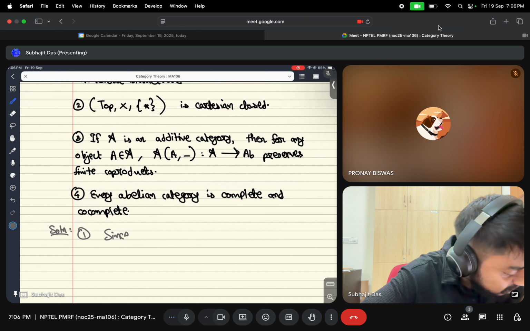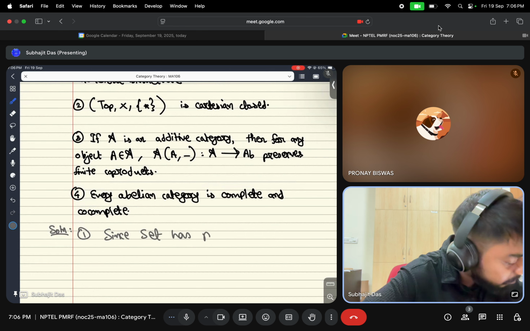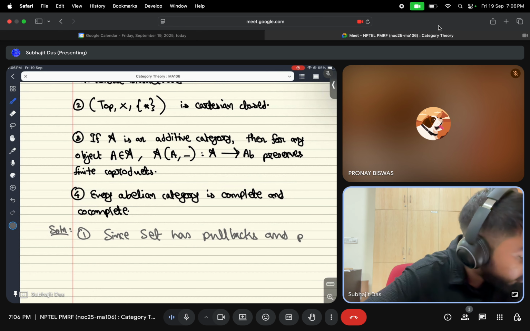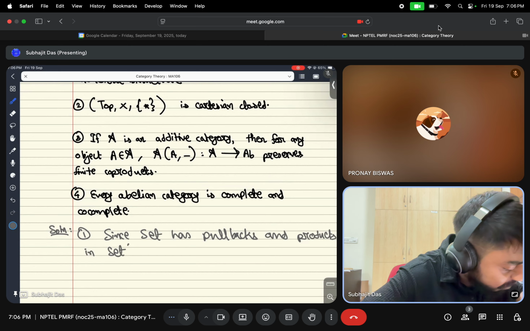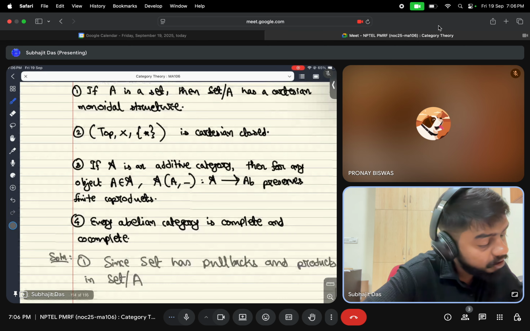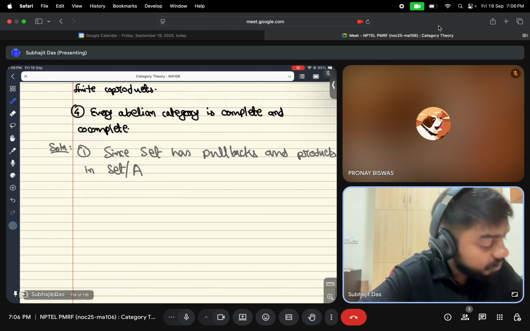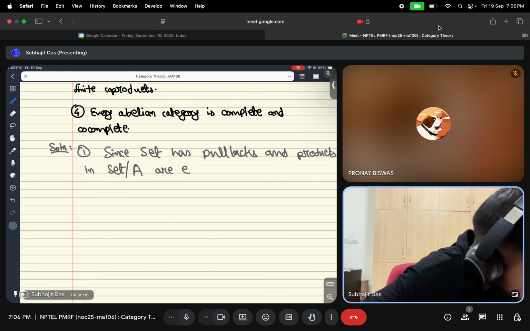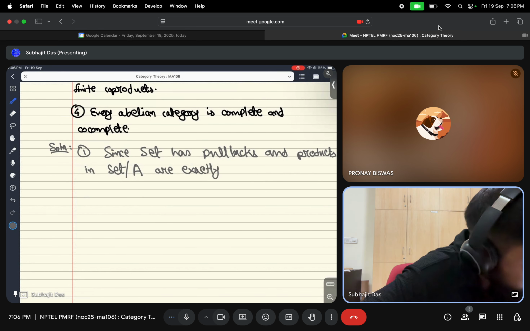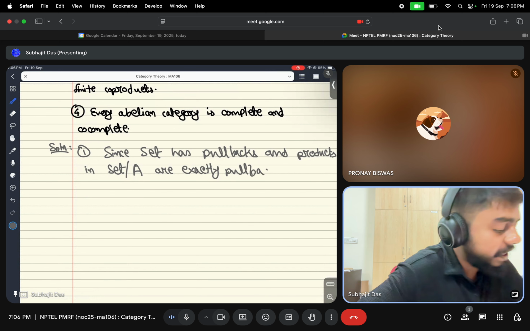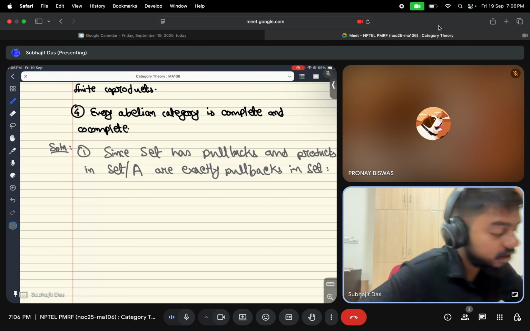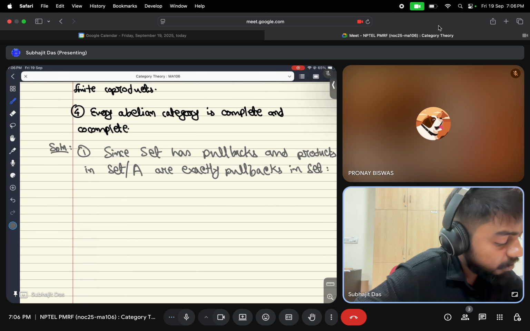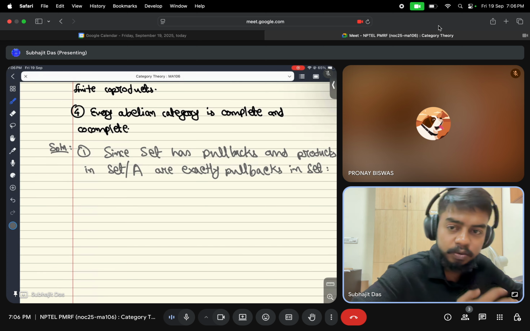Since set has pullbacks, products in set over A are exactly pullbacks. One intuitive reason is this.